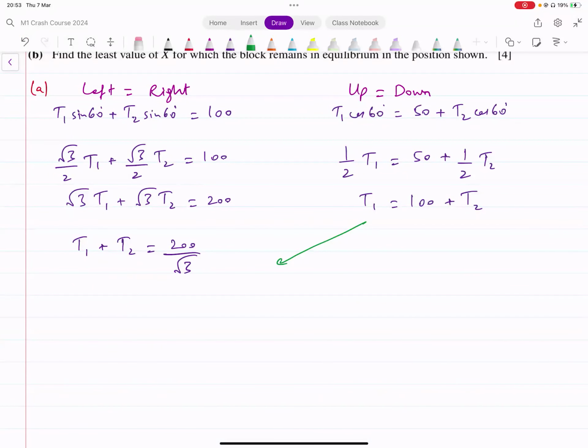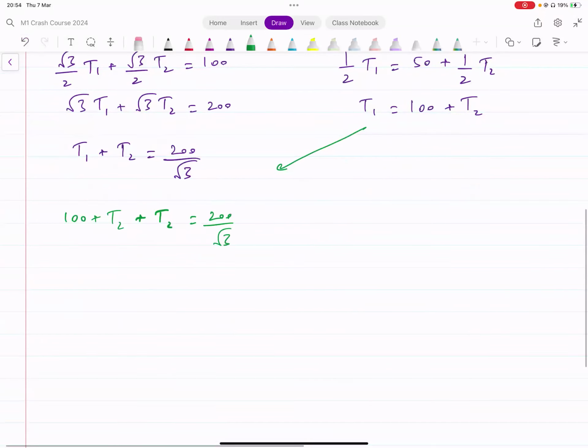What does that give us? 100 plus T2, that's the value of T1, and then plus T2, this T2, equals 200 over under root 3. And you can see what the value of T2 turns out to be from this. Let me check that. 2T2 equals 200 over under root 3 minus 100.